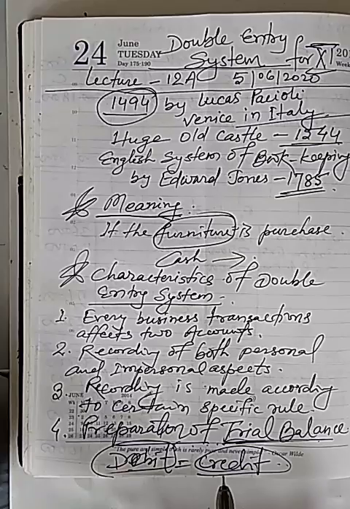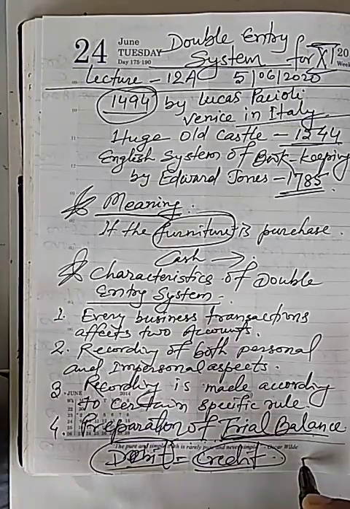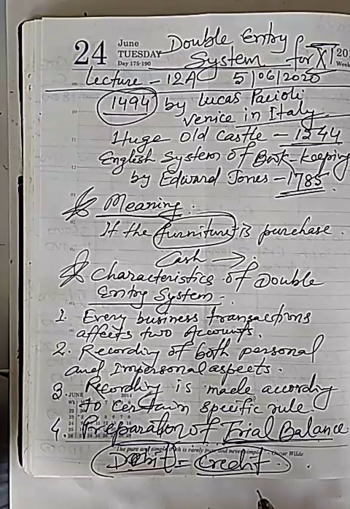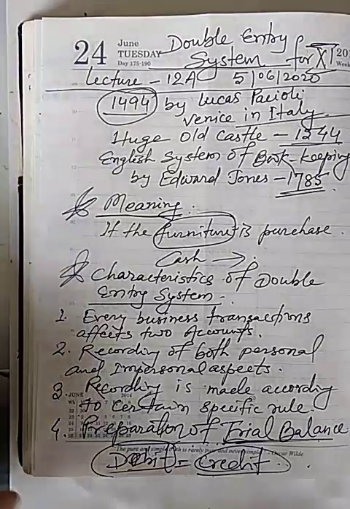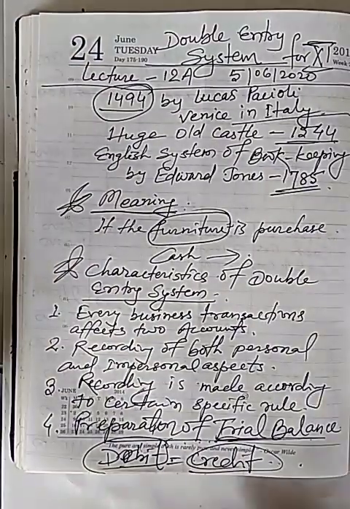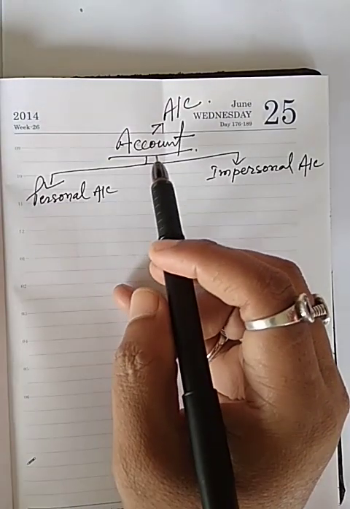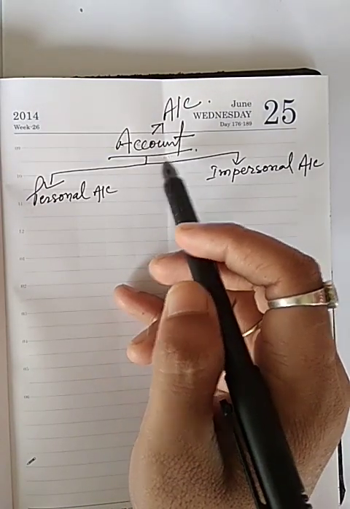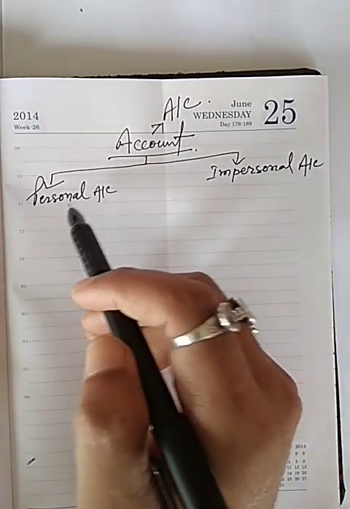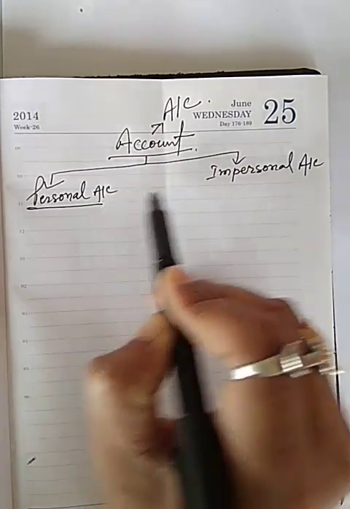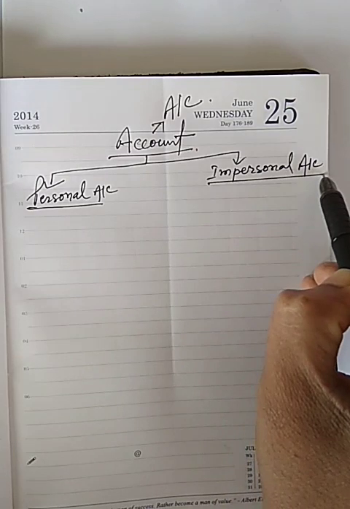In order to keep the proper record of the two aspects of a transaction, accounts may be classified into two parts. The first is personal account and the second is impersonal account.